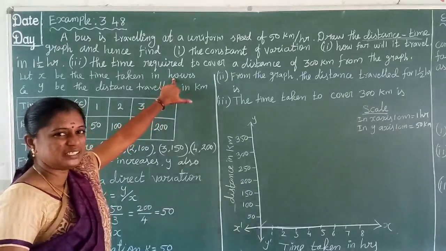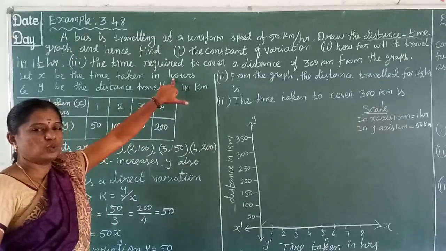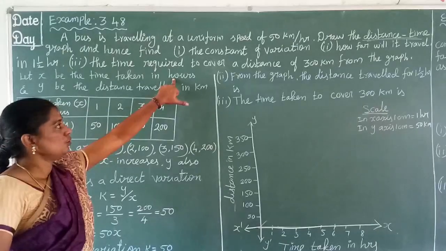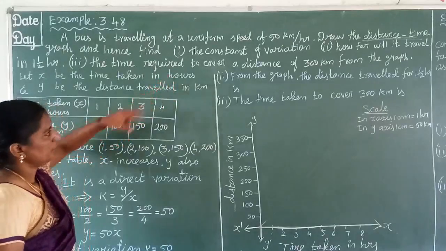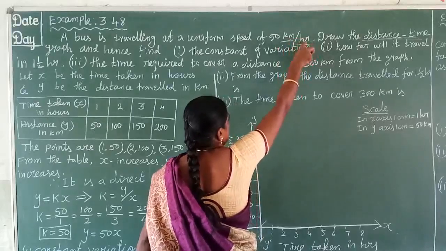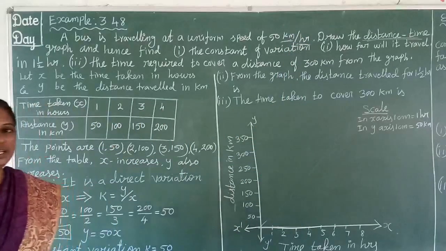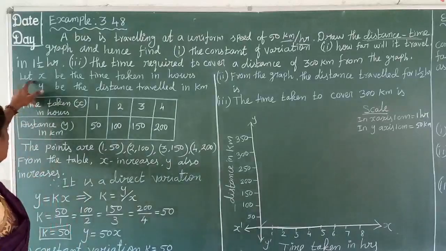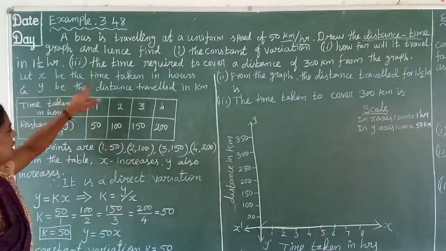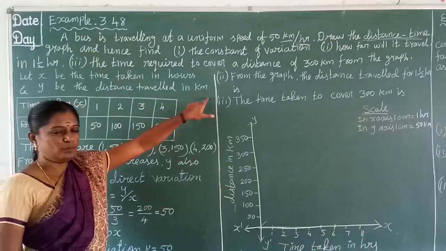But hours means we easily take the values 1, 2, 3. Minutes means 60, that is a big number. So we take hours, because here kilometer and hour are given. That's why x we take hour values and y we take kilometer values. So let x be the time taken in hours and y be the distance travelled in kilometers.